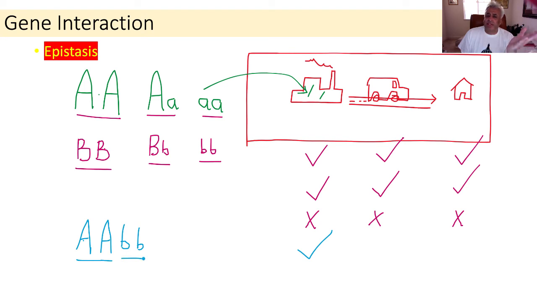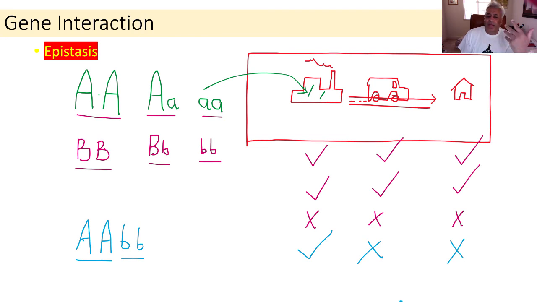So even though the product is being made by the nucleus and the ribosomes, it's not being carried from the ribosomes to the destination in the cell where it's needed. And as far as the cell is concerned, if it doesn't arrive, it's not there. So in this case, we get an X right there. The trucks are not working. Therefore, as far as you're concerned, your parcel doesn't arrive.